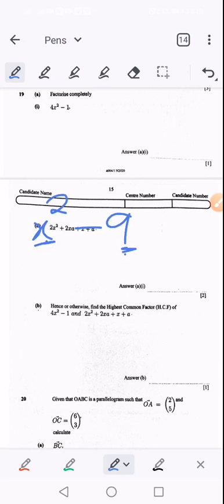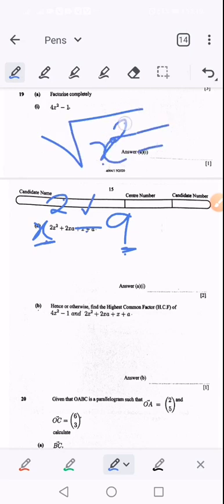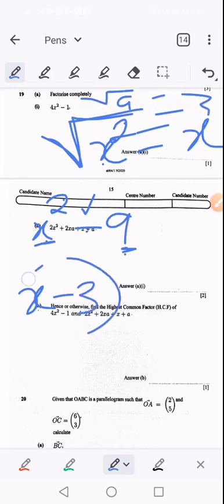The other feature of the difference of two squares is that it has a negative sign in the middle. So the exact square root of x squared is x, and the exact square root of 9 is 3. So we have x minus 3 in one bracket, then another bracket with x plus 3.